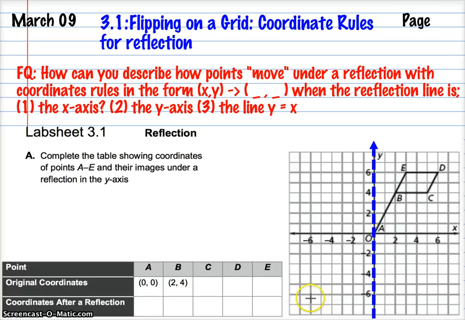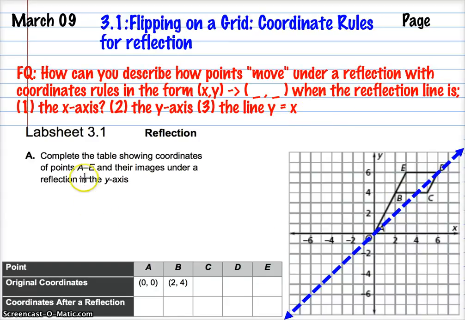And the last line of reflection is actually going to be a diagonal. This is the line of reflection y = x. This is when x is equal to 1. So every time I go over 1, I go up 1, over 1, up 1. I can go over 2, and then up 2. This line will represent y = x. The y-intercept will be 0, but again, that's something that we don't really need to talk about. It's assumed because it's blank.